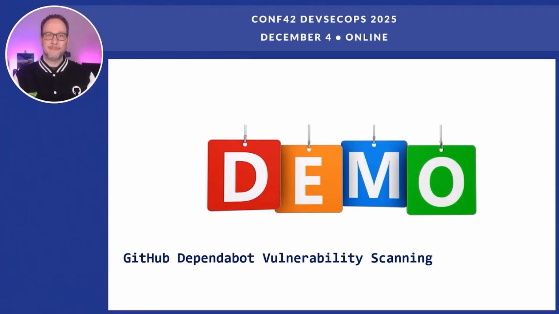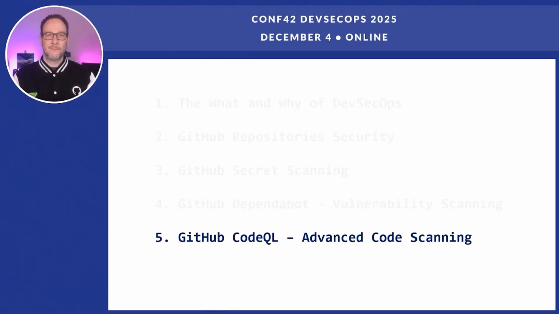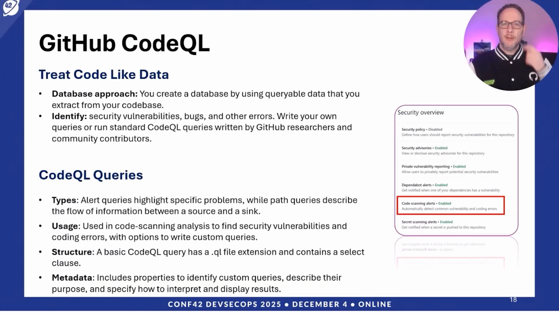Awesome. This brings me to the last section for this presentation, detailing GitHub CodeQL, a proprietary code security scanning tool from GitHub itself. CodeQL tries to treat your repository code like data, starting from creating a database and using what I call queryable data that you extract from your codebase.